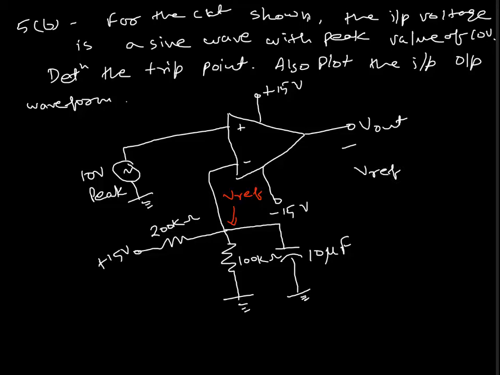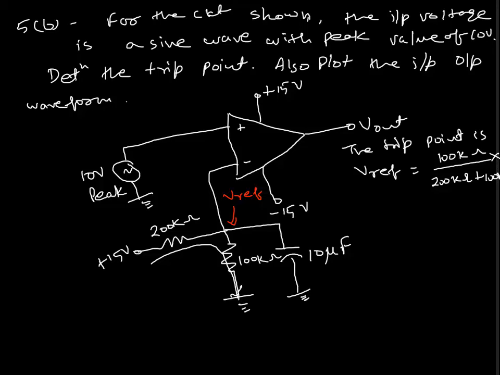The trip point is Vref, and here again we are going to use the voltage division rule. In this place you can see series resistors, so you get 100 kilo ohm divided by 200 kilo ohm plus 100 kilo ohm, multiplied by 15.